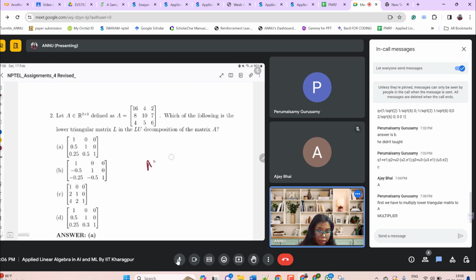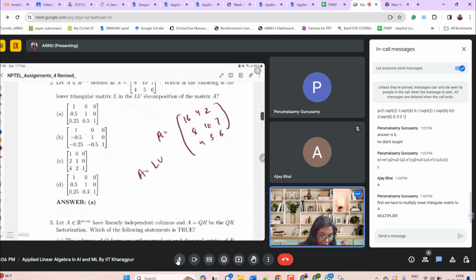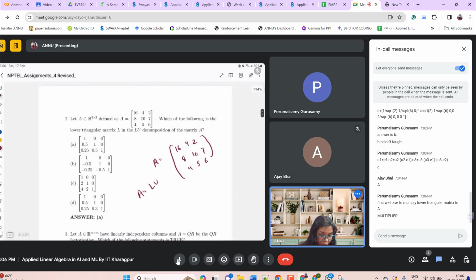Multiplier. So if I multiply with 1 by 2, 1 by 4, 0, 1, 1 by 2, 0, 0, 1.